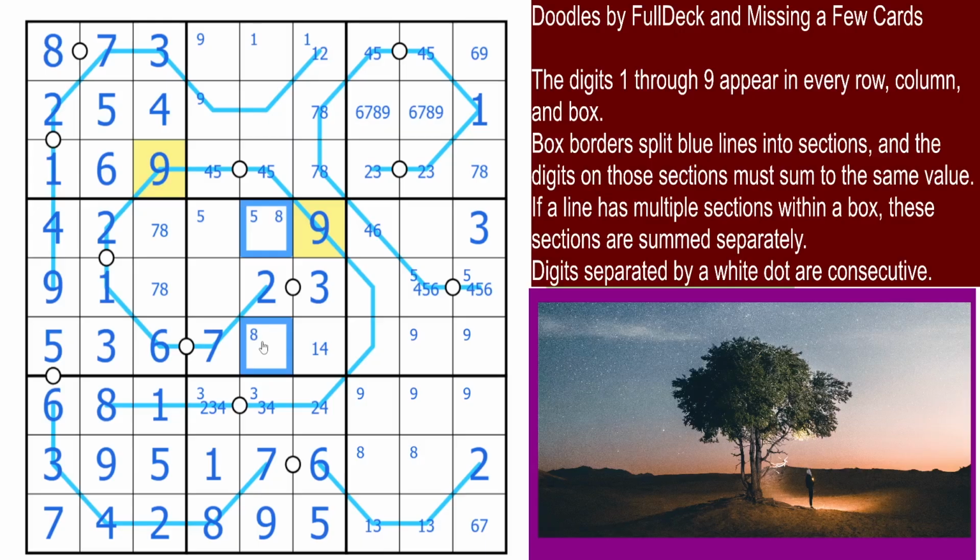Still not happening. 7. Yeah, we got 8, right? 8 is already there. Oh, these two digits we can have, right? 1 2 3 4 8. That's 4 8, right? Yeah, now the 4, right? So 4 must be one of these two, right? Okay. So that can't be 4, right? But that could be still 4 5.